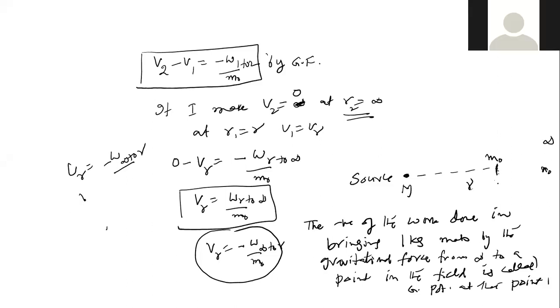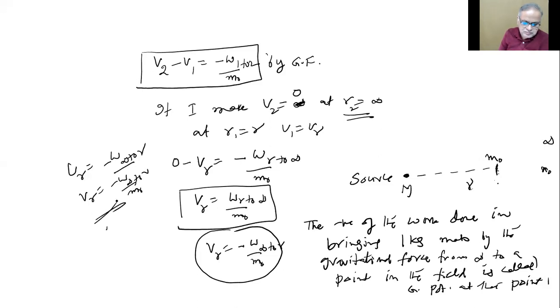So what am I doing now? VR equals I am doing minus infinity to R of F by m naught. Sir, tell me, can we also say that it will be the work done by an agent at infinity while the object is coming to us with a constant speed?